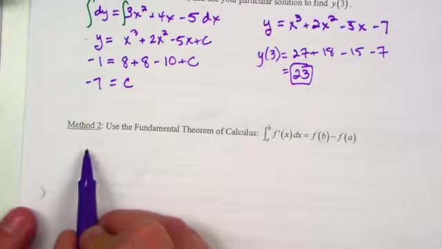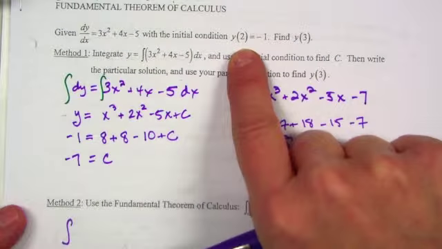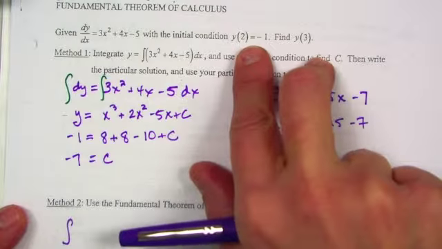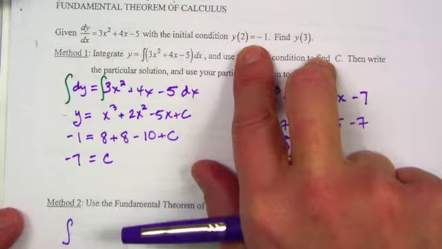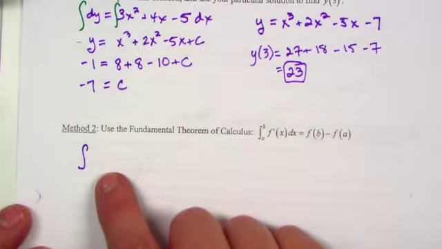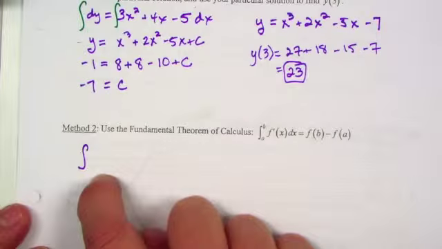So let's work this same problem. Notice I'm given y of 2 and I want y of 3. 2 and 3 are what kind of values? They are x values. So they would serve as my, what are these called? Limits of integration, right?